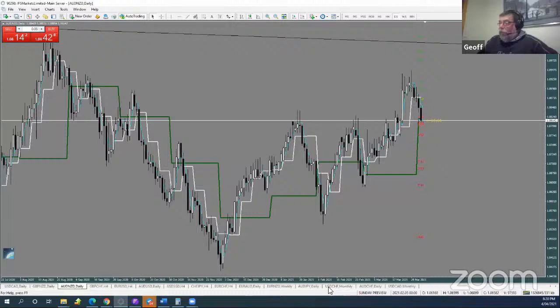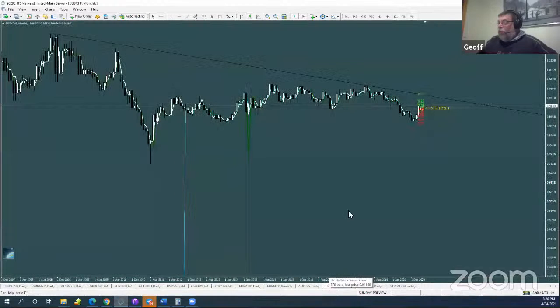There's three other charts I want to look at, and dollar Swissy is one of them. I'm looking at the monthly chart here, and the reason I'm looking at that is just to make a point. And the point is this. We've had 3 months in a row of bullish bars preceding the current month that we are in. And you have to go back.